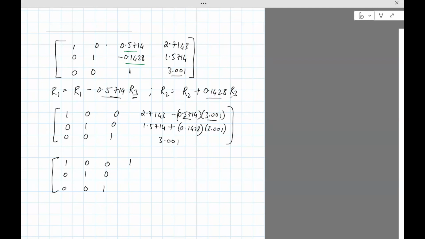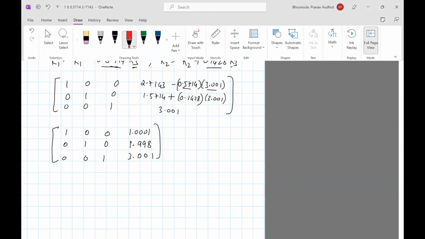I got, putting those to 4 decimals, 1.0001, 1.998, 3.001, and this is basically my solution.